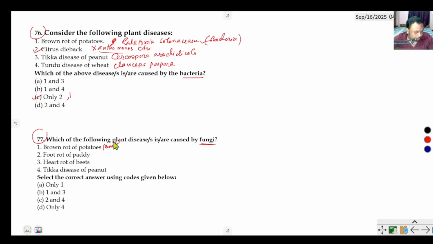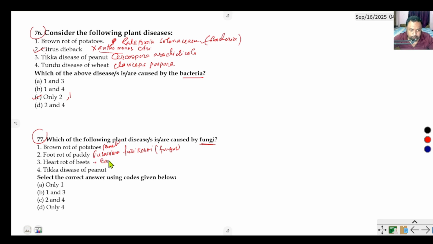Foot rot of paddy is caused by Fusarium fujikuroi. That is a fungal disease. And heart rot of beet is due to boron deficiency, a nutritional deficiency.